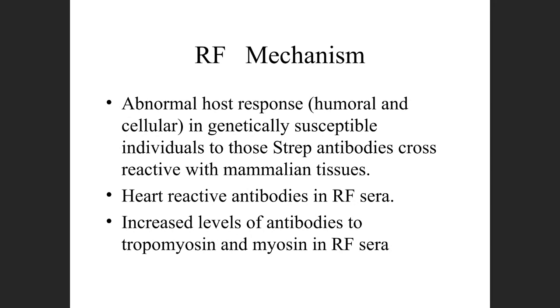In rheumatic fever, there is an abnormal host response in genetically susceptible individuals to those strep antibodies, which cross-react with the mammalian tissues. There tend to be heart-reactive antibodies in the sera of rheumatic fever patients and increased levels of antibodies to tropomyosin and myosin in rheumatic fever sera.